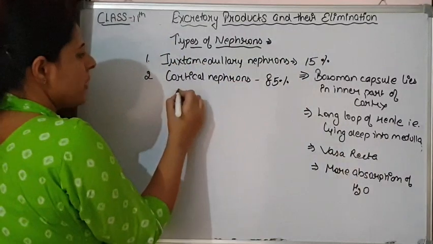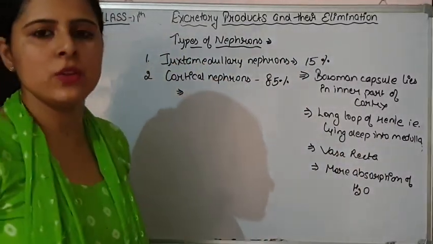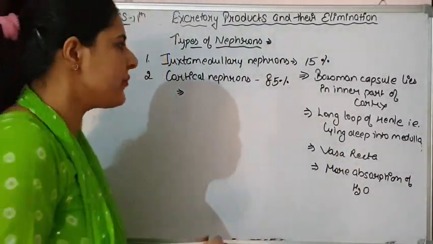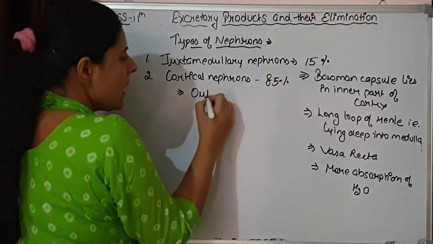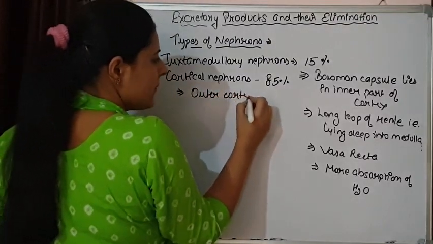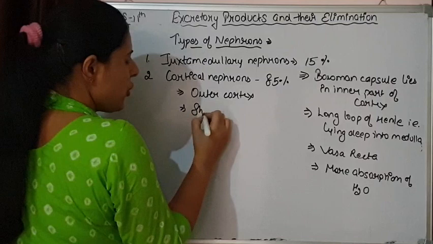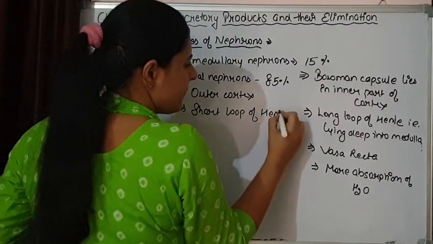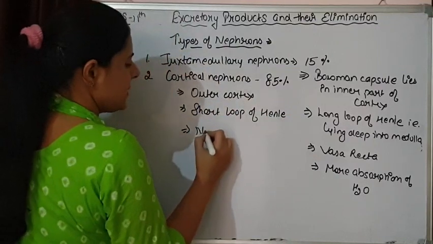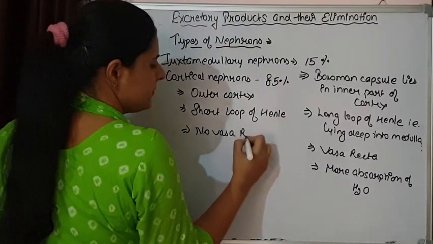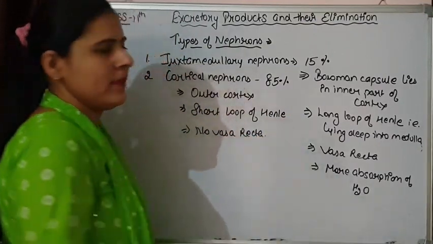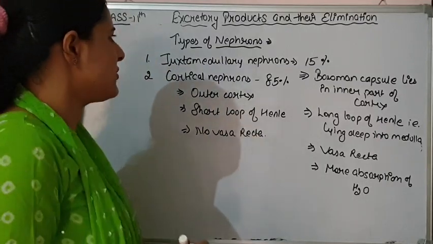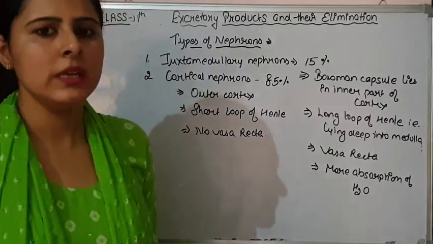If we see the cortical nephrons, 85% of the total nephrons are cortical nephrons. They are lying in the outer cortex. There is a very short loop of Henle and no vasa recta is present. These are the two types, juxtamedullary and cortical nephrons.